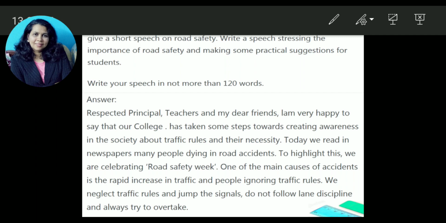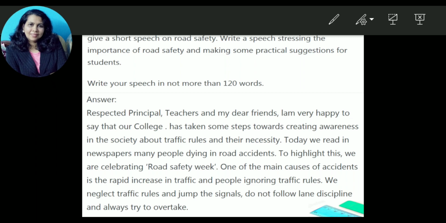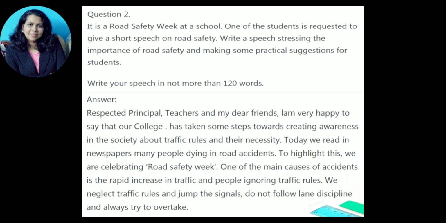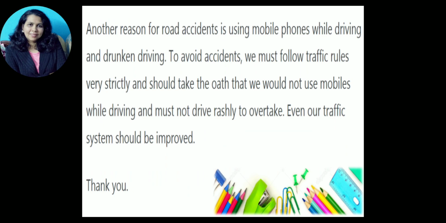One of the main causes of accidents is the rapid increase in traffic and people ignoring traffic rules. We neglect traffic rules, jump the signals, do not follow lane discipline, and always try to overtake. Another reason for road accidents is using the mobile and drunken driving, and you are advised to avoid this. What are the things?